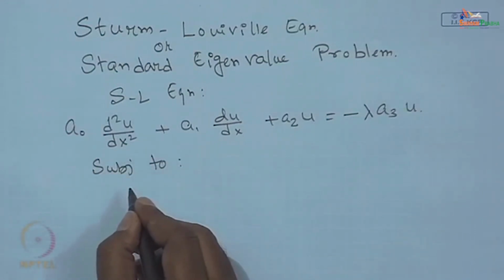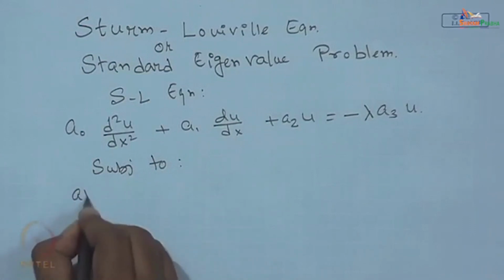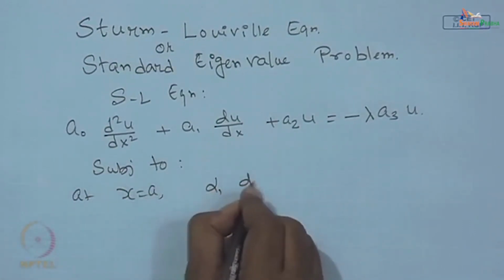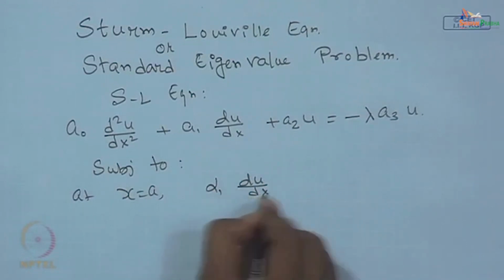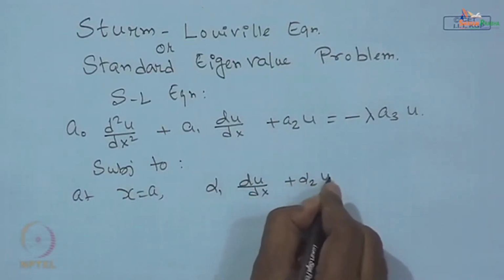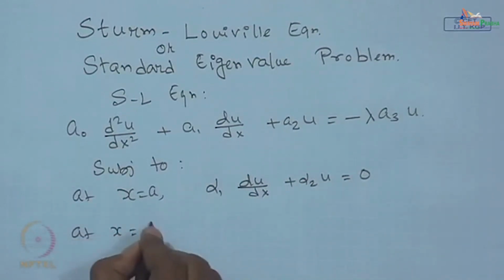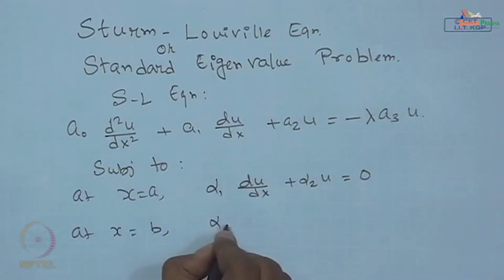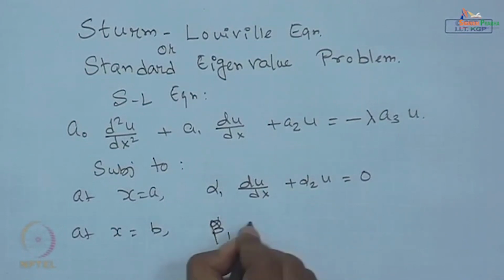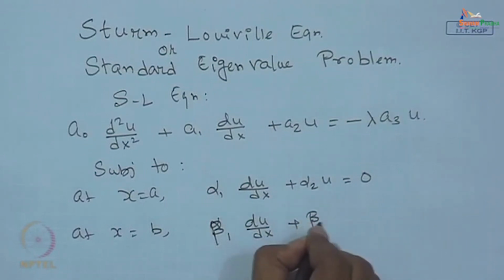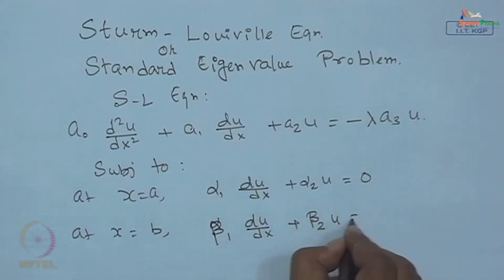We will use two general boundary conditions: at x is equal to a, alpha 1 du/dx plus alpha 2 u is equal to 0, and at x is equal to b, beta 1 du/dx plus beta 2 u is equal to 0.